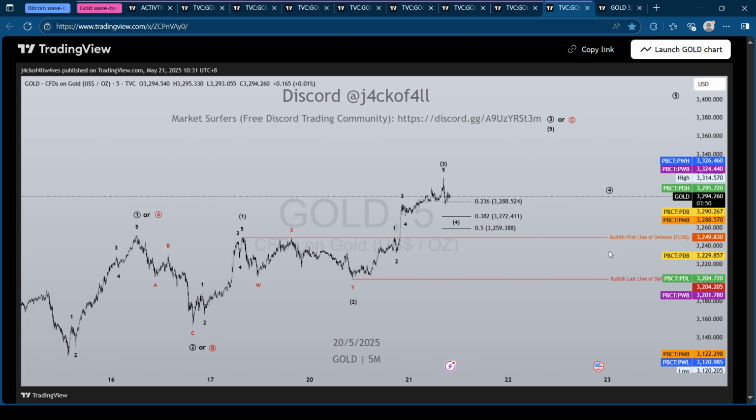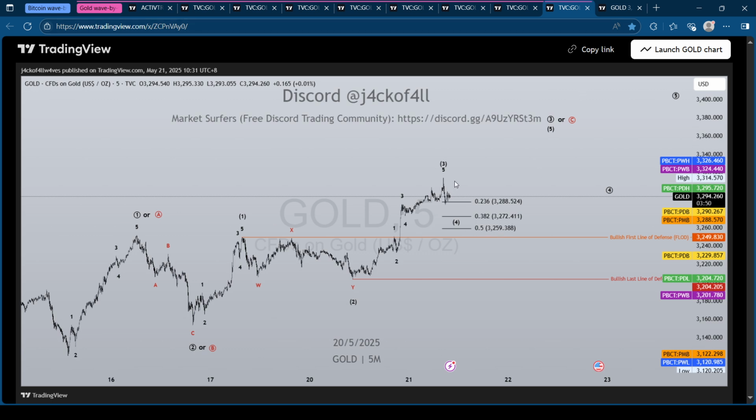That's why I call this the bullish first line of defense. Basically, this is the invalidation of the impulse wave, while wave 2 will be the invalidation of a diagonal wave. So the ideal bounce or retracement levels for wave 4 are 0.236 to 0.382. But just like what I've said, it can go as low as or close to the territory of wave 1, but not overlap the territory of wave 1.